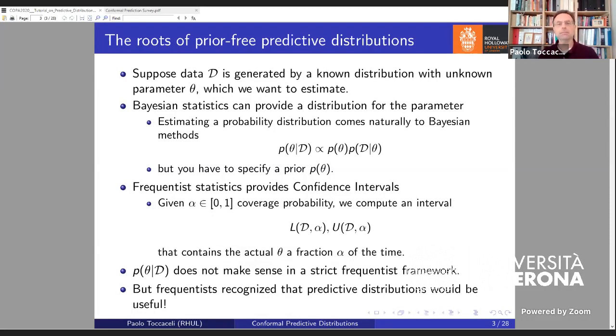Frequentist statistics cannot do what Bayesian statistics can do, but instead provides confidence intervals.